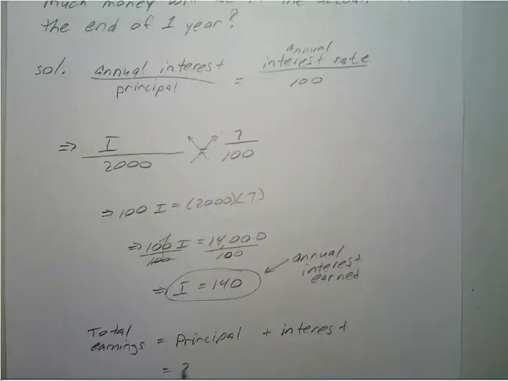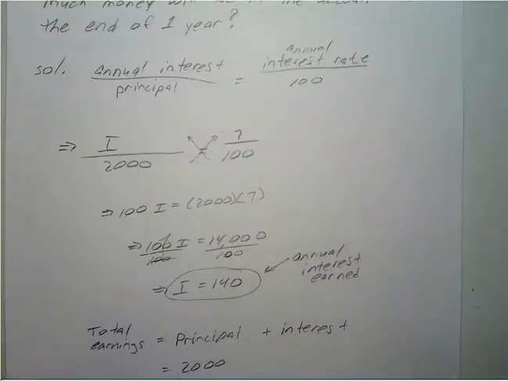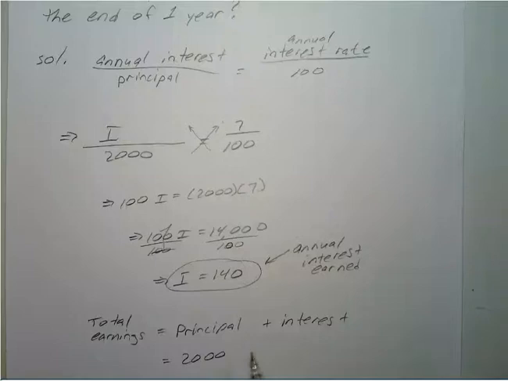So that's your $2,000 that you initially invested, plus your interest amount, which is $140. So at the end of 1 year, there will be $2,140 in the account.